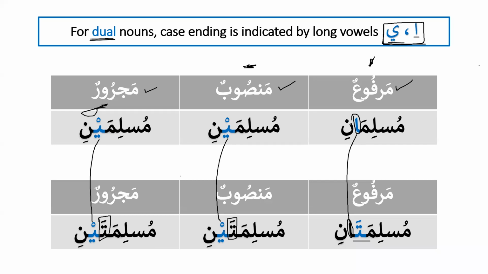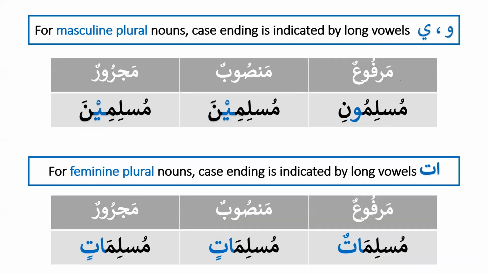We have either alif or ya. Fatha, dhamma, and kasra we only have for the singular noun. But for the dual and for the plural, we will always go by the sound. Excellent.